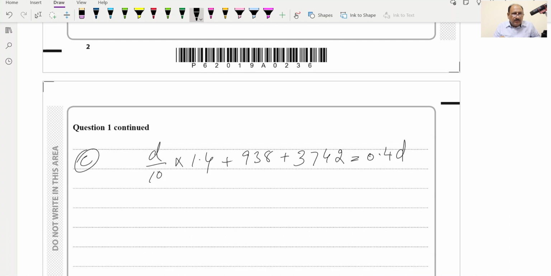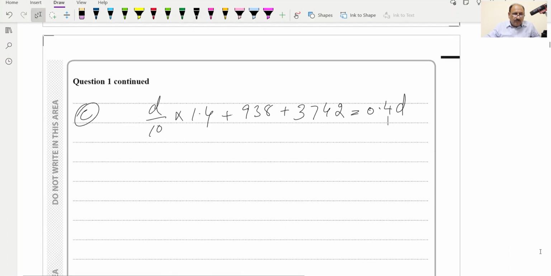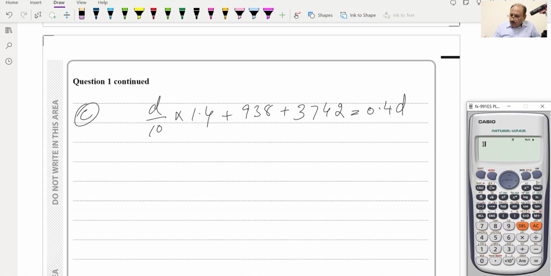We can simplify 0.4D. We can write D over 10 and minus 0.4D. Basically we will be multiplying 10 and 1.4, we will get 1.4 divided by 10, and this will be equal to 0.14.